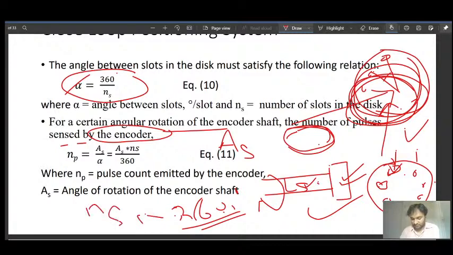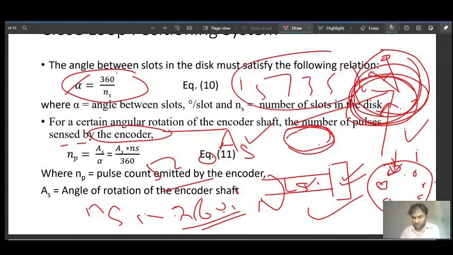Suppose the total angle is 520 or 15,735 degrees, like this. If we divide by the number of slots, we will get how many rotations this disk has made.